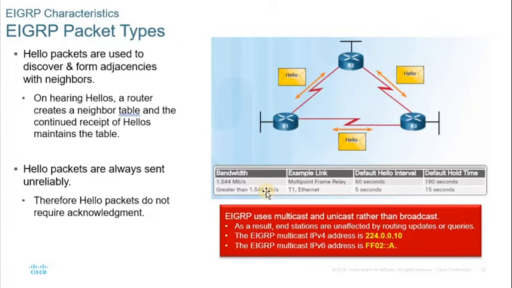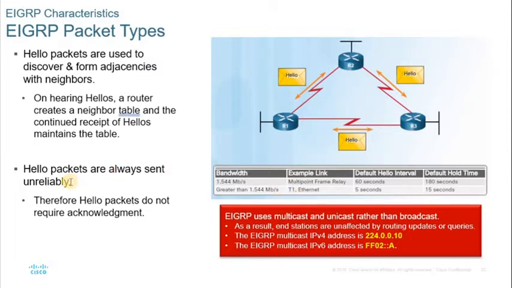If the bandwidth is greater than 1.54 Mbps, faster bandwidth means a smaller default hello interval. As you can see here, it is only around 5 seconds, for example on a T1 and Ethernet network.